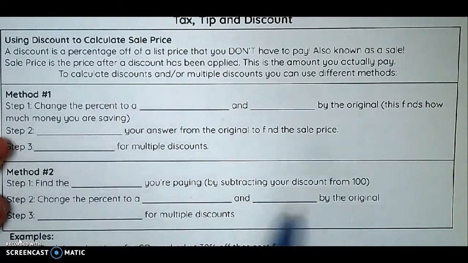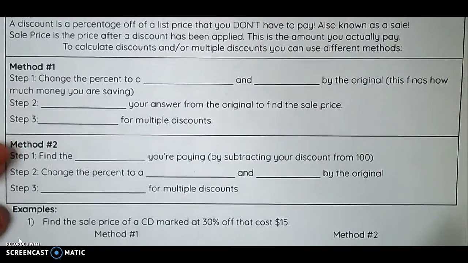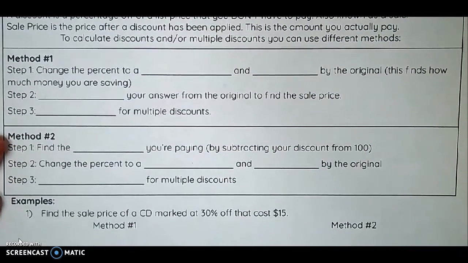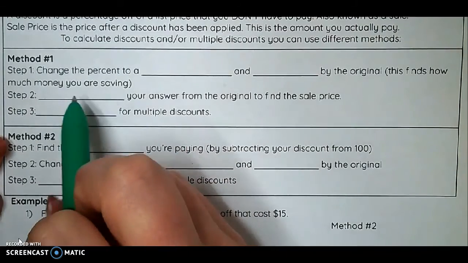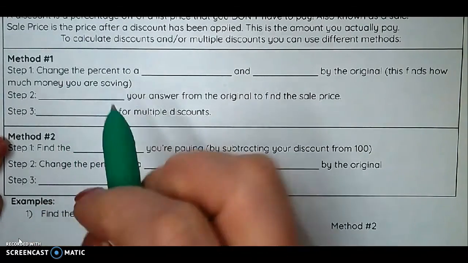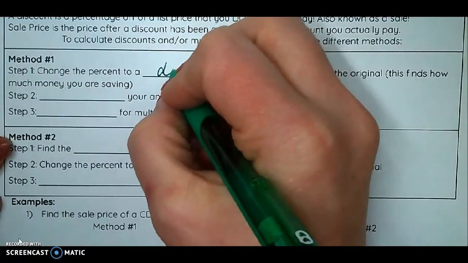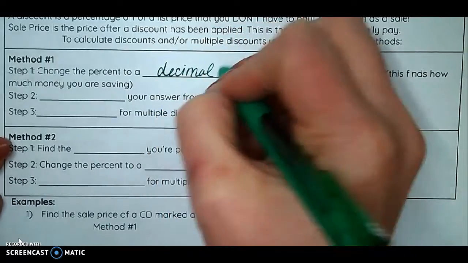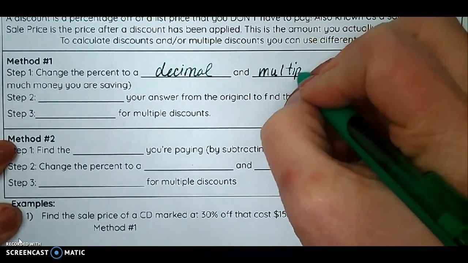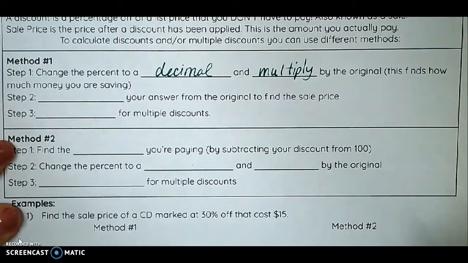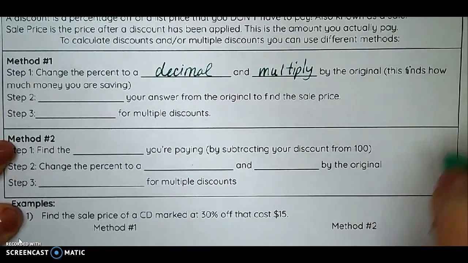So there's 2 different ways I can calculate this. And one of them is easier than the other, I feel. But it just depends on what method your head wraps around more easily. So the first method, I'm going to change the percent to a decimal, just like I did above, and then multiply. And this finds how much money you are saving.